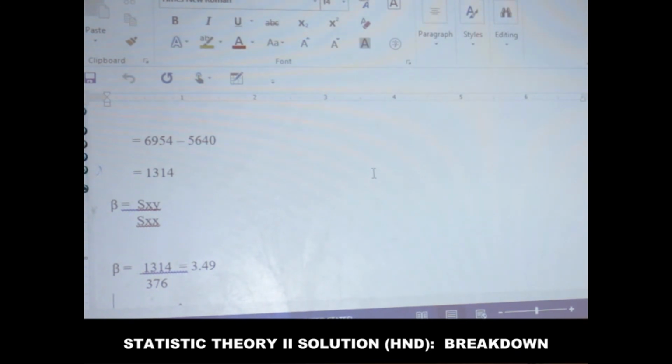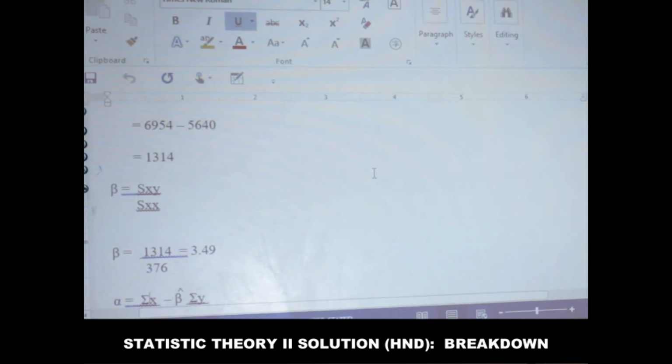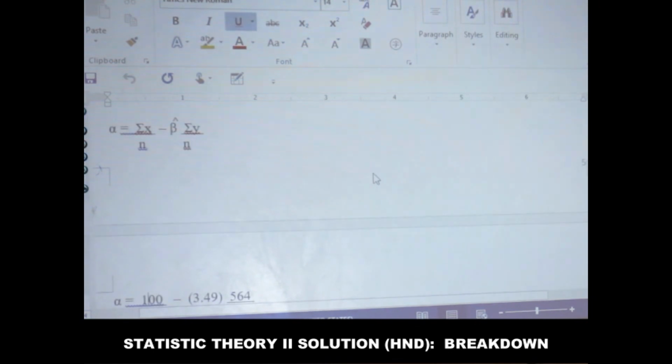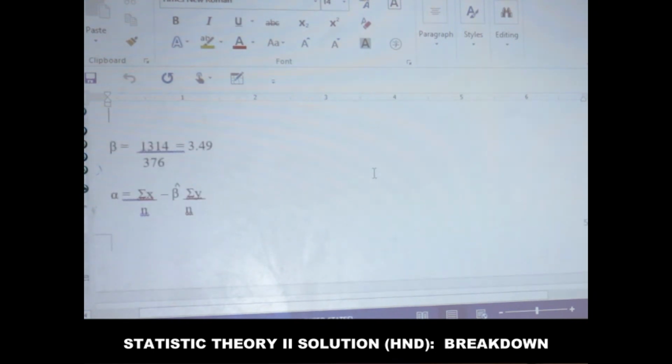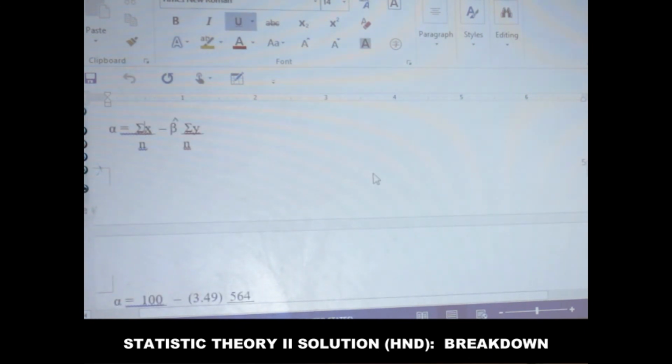So this is the xy, because it was 1314 over xx, and xx that we got was 376. Then you divide. Now you want to look for the alpha. Say alpha is summation x over n minus beta summation y over n.